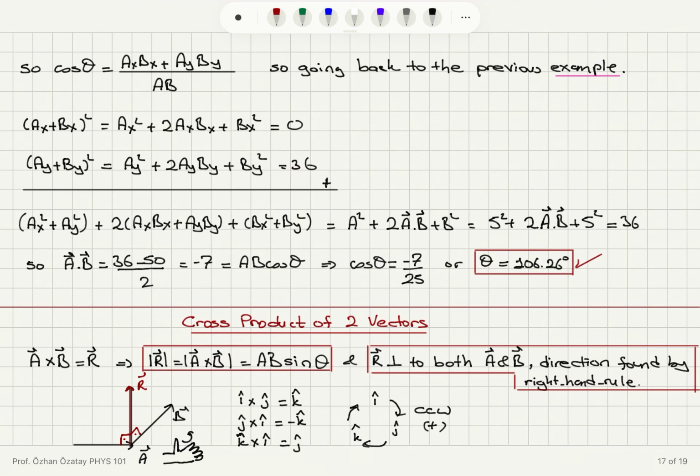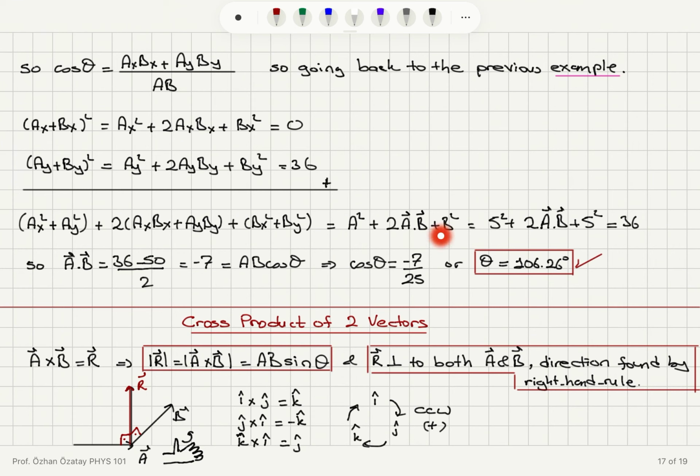So if we add them up, we get ax squared plus ay squared plus 2 times ax bx plus ay by plus bx squared plus by squared. Since the magnitude a is square root of ax squared plus ay squared, this will be a squared. Then I have in parentheses twice the dot product between two vectors, and then I have magnitude of b squared.